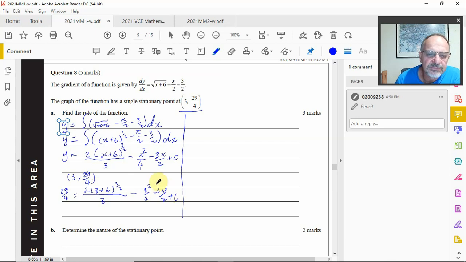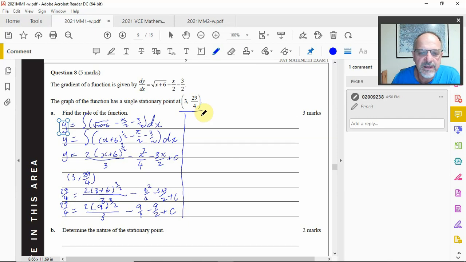Right, so let me neaten some of this stuff up. 29/4 equals 2, and that's going to be 9 to the 3/2 over 3, minus 9/4, minus 9/2, plus c. All right, so let's go over to here.